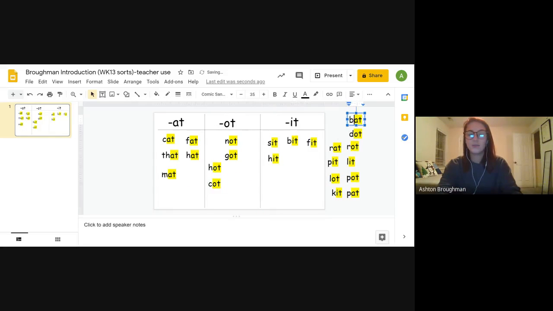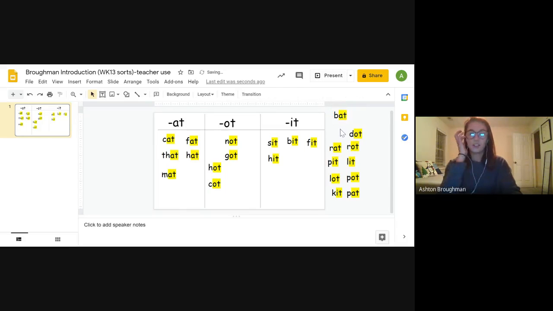Look at this one. What letter does that word start with? Good. That word starts with the letter B. What sound does the letter B make? B. Good job. And there's that AT again. What sound does AT make?